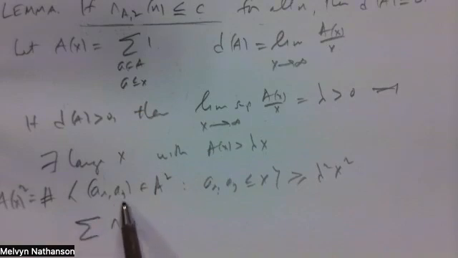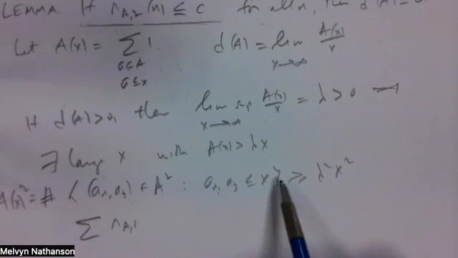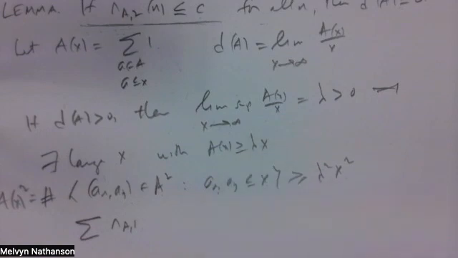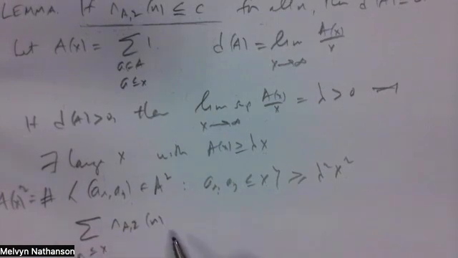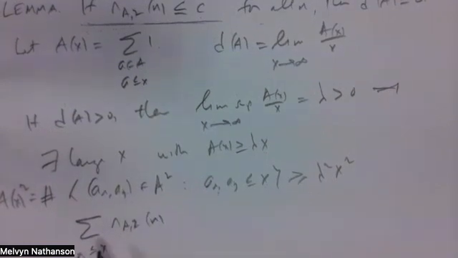If you count the number of pairs of elements of the sequence where both terms in the pair are at most X, there are at least lambda squared X squared of them. And if you look at R sub A2 of N and sum that for all N less than or equal to 2X, you're counting every one of these pairs exactly once, right?